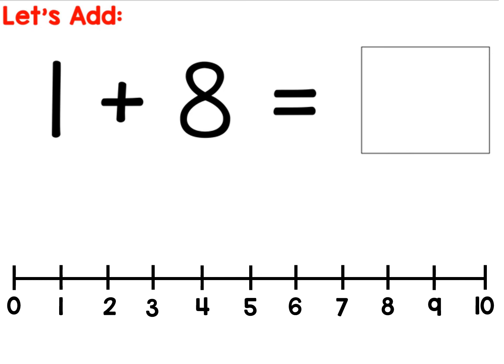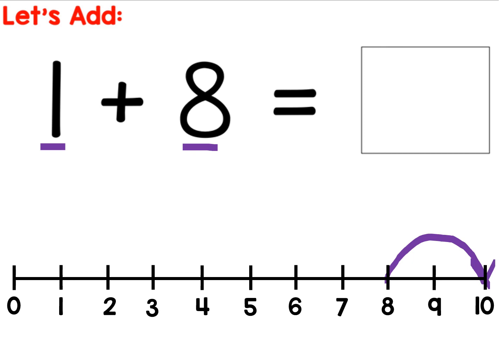Okay, boys and girls, I'm going to make another mistake. Let's see if you can catch me. Okay, so in 1 plus 8, I know 8 is the bigger addend. So I'm going to start with my 8. And I need to hop 1. I'm going to do 1 hop. Okay.